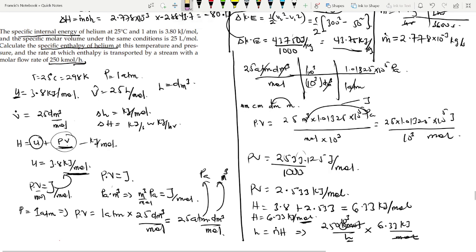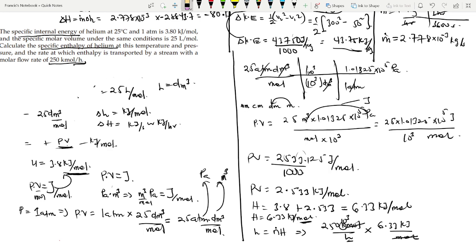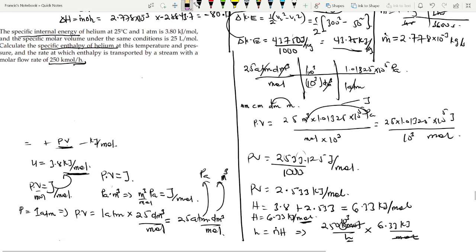So let me clean this space and then let's make use of it. So now we have 250 times 10 to the power 3 times 6.33 kilojoules per hour, right?